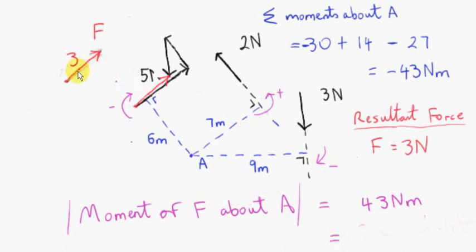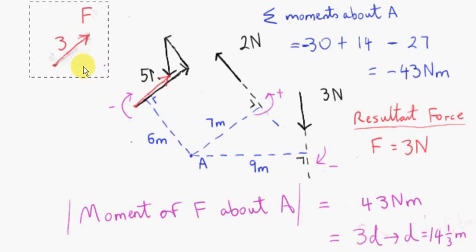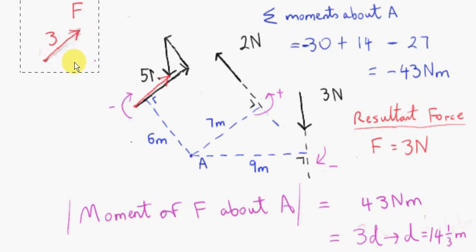So this is equal to the magnitude of the resultant force, which is 3, times the perpendicular distance of A to the line of action of this force, which we will call D. So now we can find D. 3D is equal to 43, so D is equal to 14 and 1/3 meters. So we need to move this force into such a position that its line of action is 14 1/3 meters from point A.